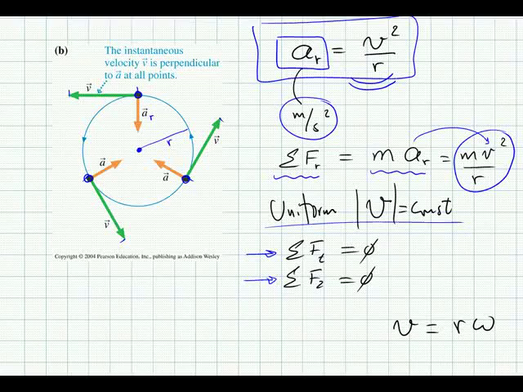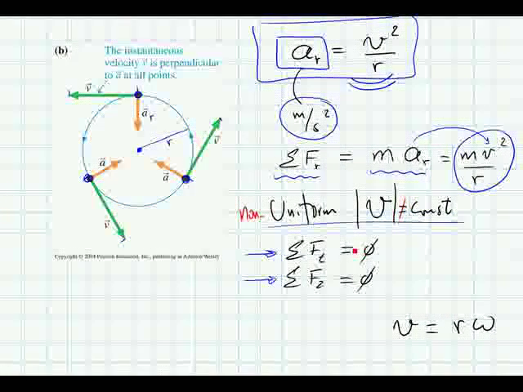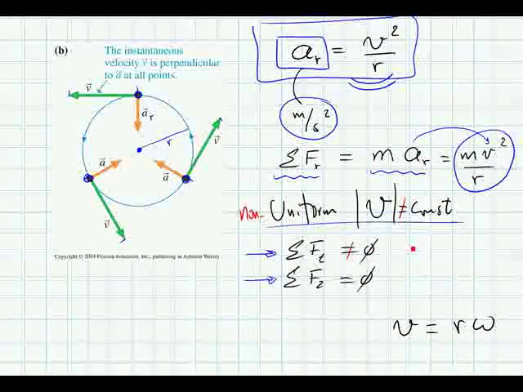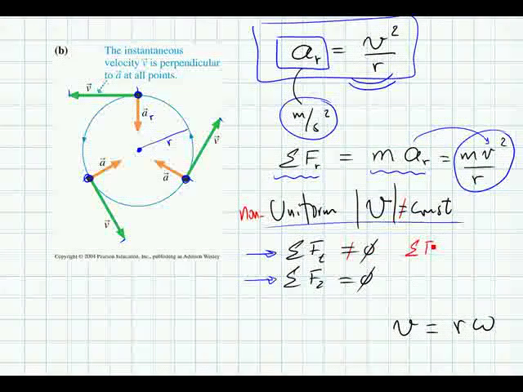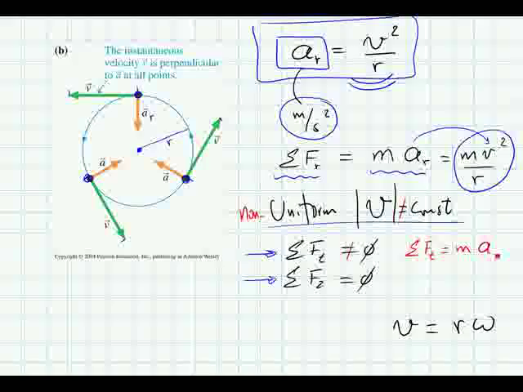Now in non-uniform circular motion, v is not constant, and in that case F_t is not equal to 0. In fact, the sum of the forces along the t direction is equal to mass times some acceleration in the t direction.